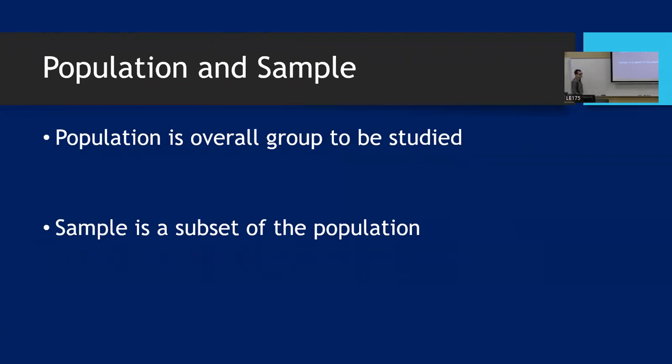Another distinction we need to make is the population versus the sample. The population is the group that is studied, the overall group that's being studied. The sample is a subset of that population.